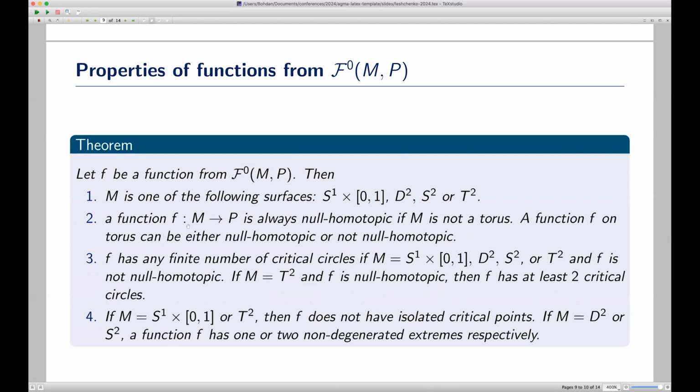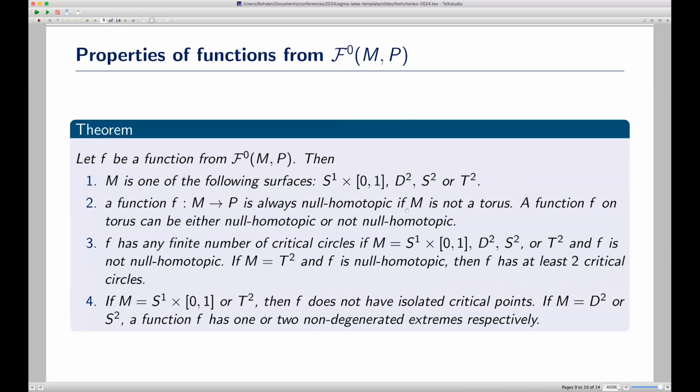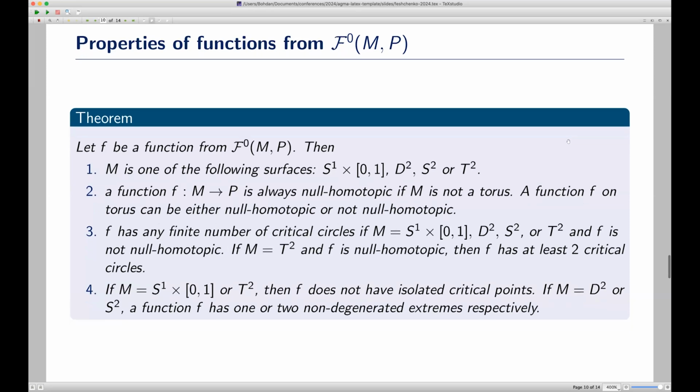A function is always null homotopic if M is not a two-torus, and a function on a two-torus can be either null homotopic or not null homotopic. f has any finite number of critical cycles if our surface is a cylinder, a disk, or a sphere, or if the function f is not null homotopic on a two-torus.